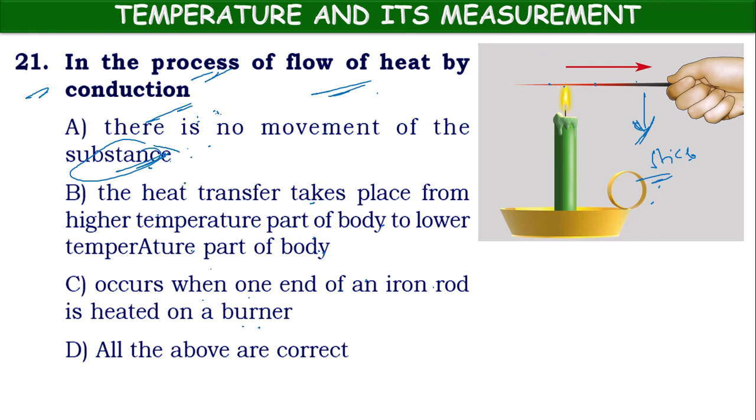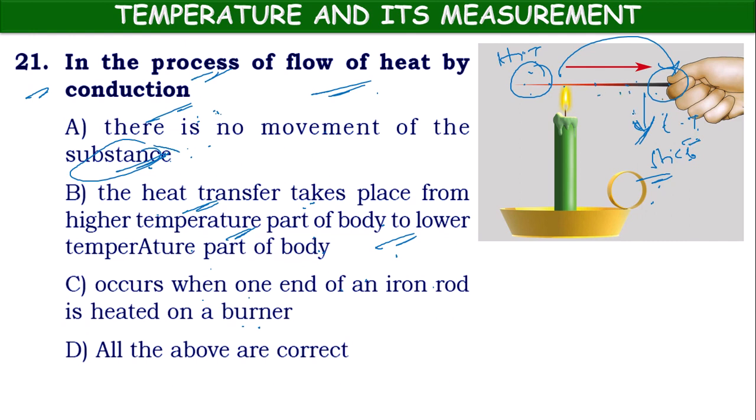And one more thing, heat transfer takes place from higher temperature to lower temperature. First, this part gets heated. It will be considered a part of higher temperature. Then it moves to this part, which is considered the lower temperature part. So it moves from higher temperature to lower temperature.